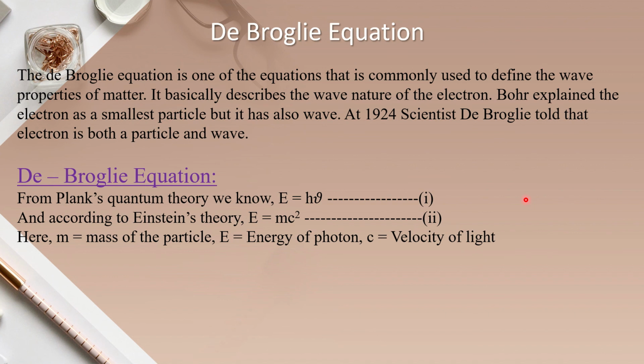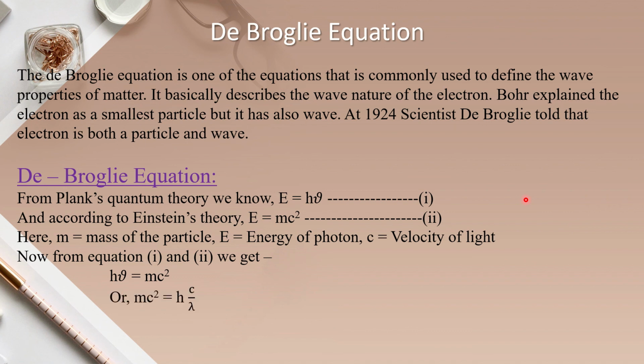Now, from equations 1 and 2, we get h nu equals mc squared. Now we can write nu equals c by lambda. So, mc squared equals hc by lambda. From there, c will be omitted and the equation mc equals h by lambda comes, where mc is the momentum of the photon.